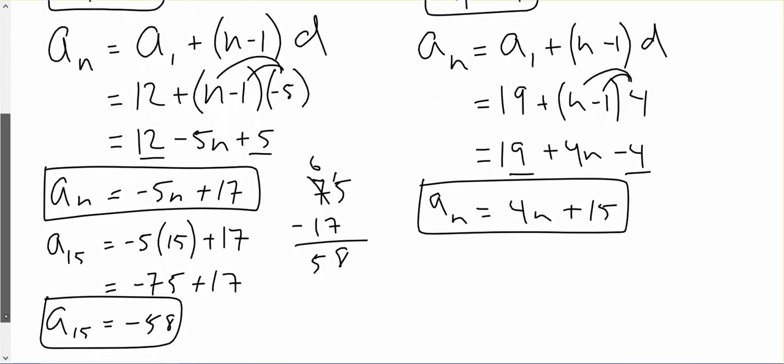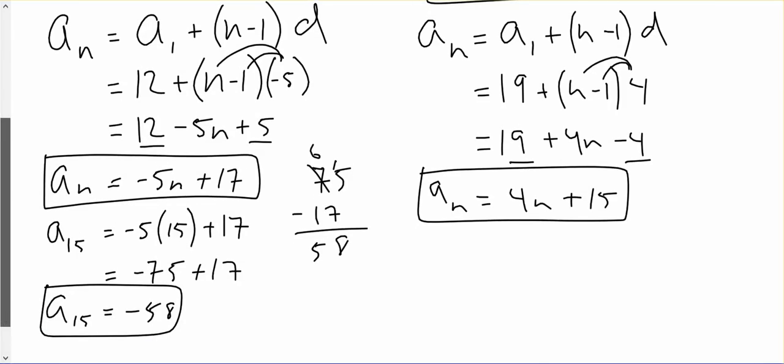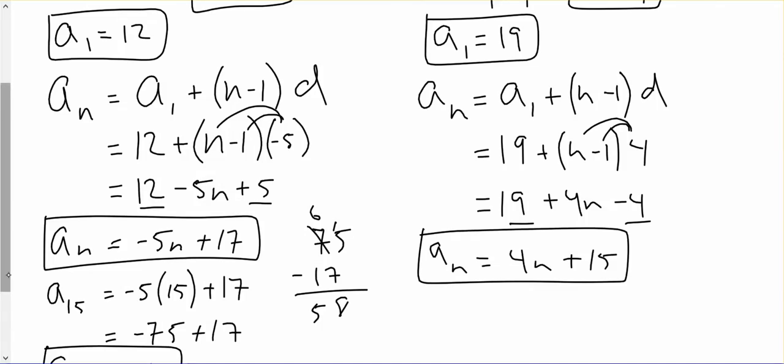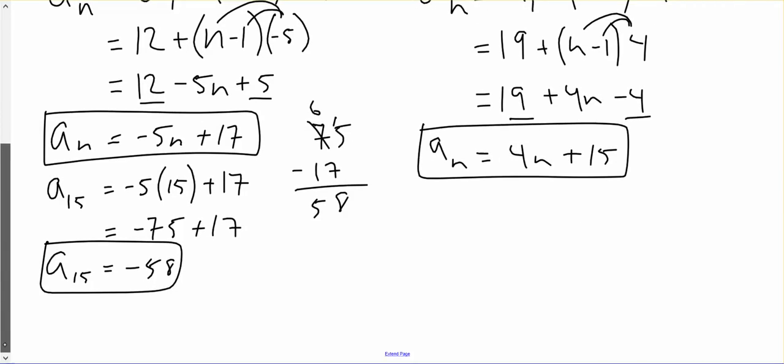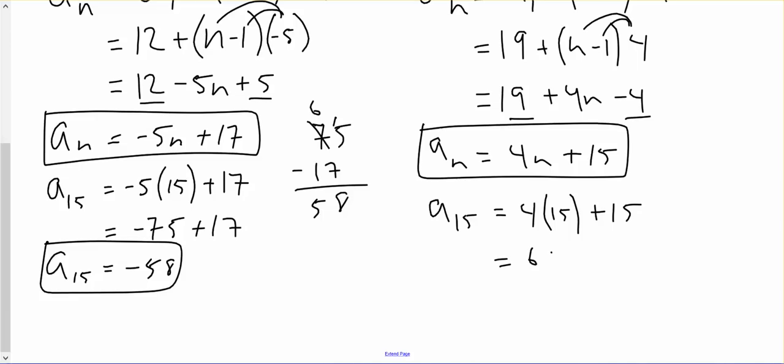Now we would like to find the 15th term again. So I'm going to say a of 15 equals 4 times 15 plus 15. 4 times 15 is 60, and 60 plus 15 is 75.